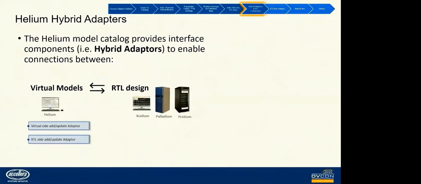Helium adapters provide the mechanism to connect the virtual models to the RTL side of the design. So there are two parts to it: the virtual side of the adapters and the RTL side of the adapters.